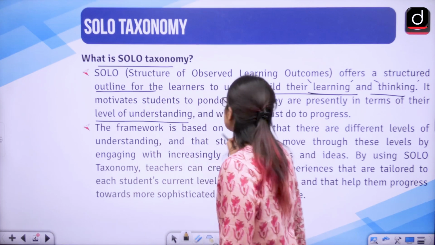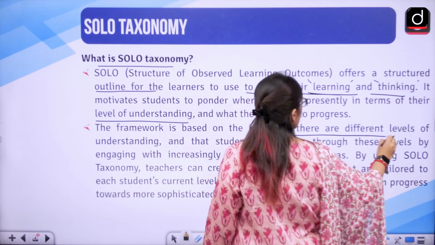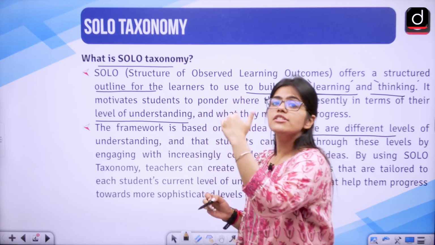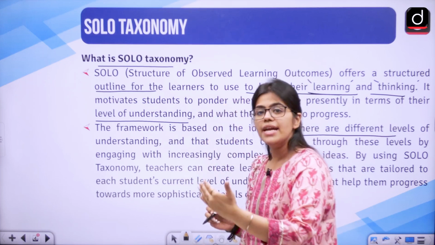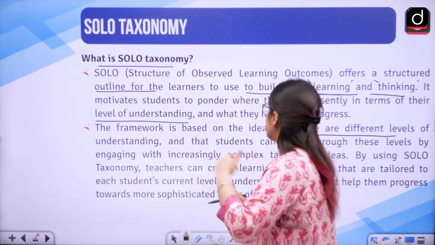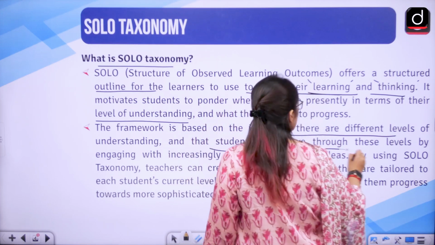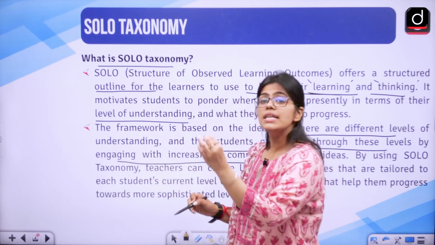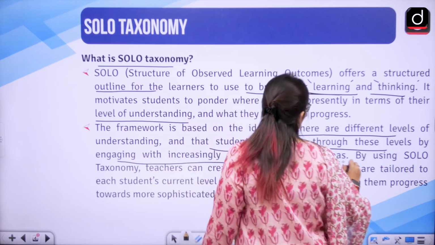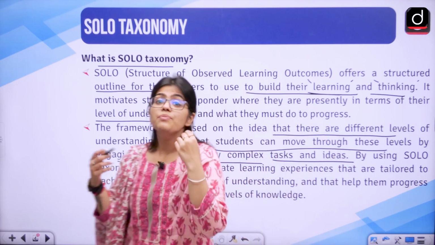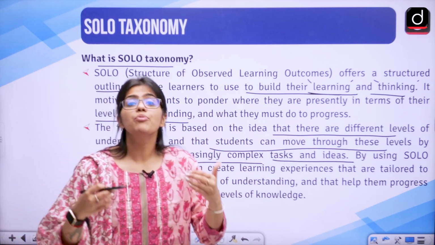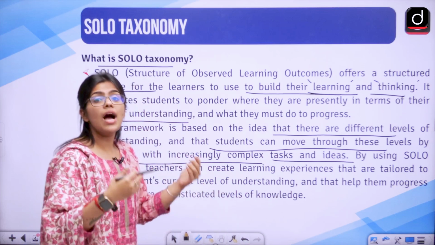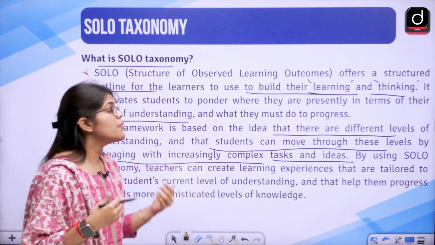The framework is based on the idea that there are different levels of understanding. These levels can be attained from one point to another, and students can move through these levels by engaging with increasingly complex tasks and ideas. As much as you want, you can improve your knowledge. As much as you engage with the task, your ideas and your knowledge also increase.